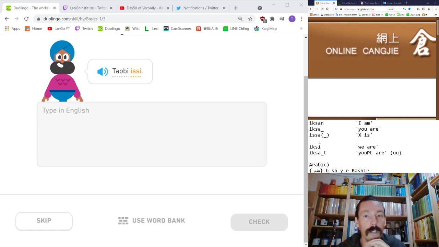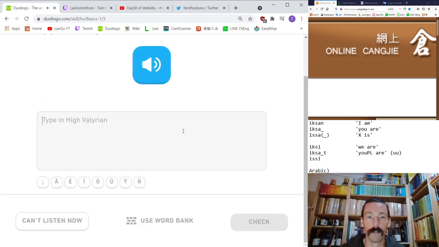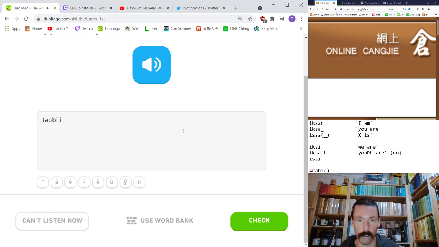Is that missing? Third plural, I betcha. Isi. So it's two words, boys, and the verb shows they are. That third person meaning. Taubisi. They are boys.